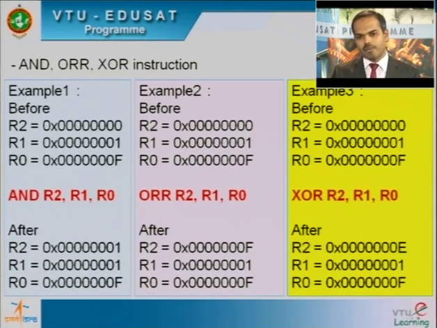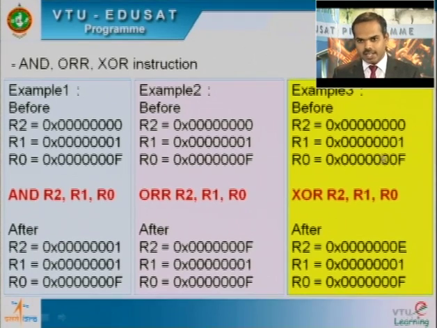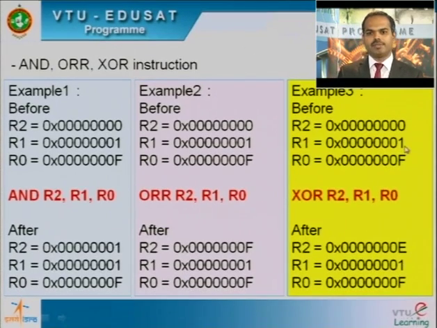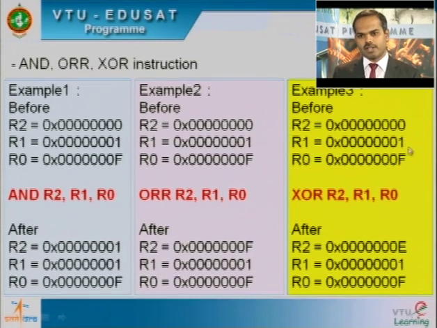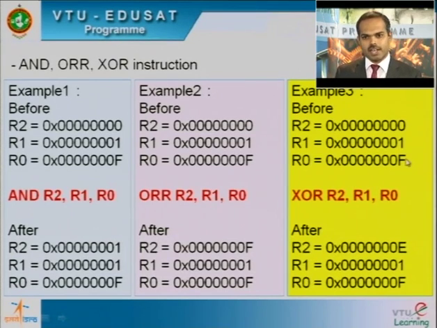That means if one bit is 0 and the other bit is 1, then the result is 1. Considering that, in this case, 1 XORed with F will give you the result E, because the LSB of R1 is 1 and the LSB of R0 is 1.